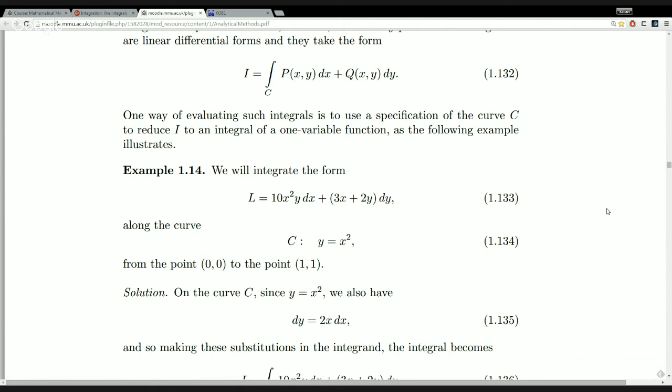So along C, y is equal to x squared, so we can just do simple substitution to get rid of the variable y in the original integral. But then we should look at how the differentials are related. And there we use chain rule principles to say that for the differential dy, if y is defined as x squared, then dy is going to be 2x dx.